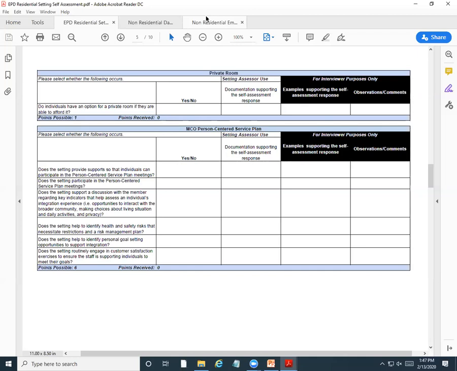Does the setting help to identify personal goal setting opportunities to support integration? And does the setting routinely engage in customer satisfaction exercises to ensure staff is supporting individuals to meet their goals? And we, again, are not mandating how any of this is done. This could be an actual customer satisfaction survey sent to your members, or having conversations with your members, or even an anonymous comment box.